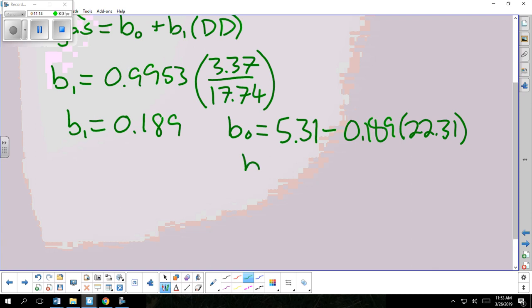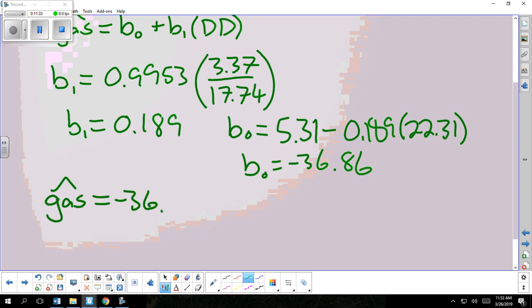I get B naught, negative 36.86. So the equation of my regression line, our predicted gas usage, negative 36.86 plus 0.189.